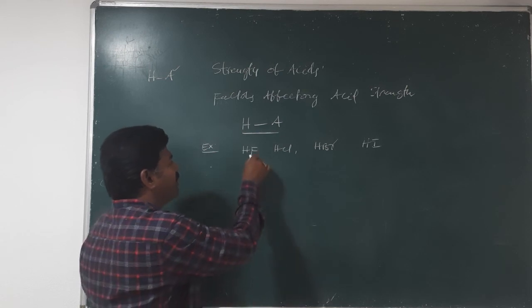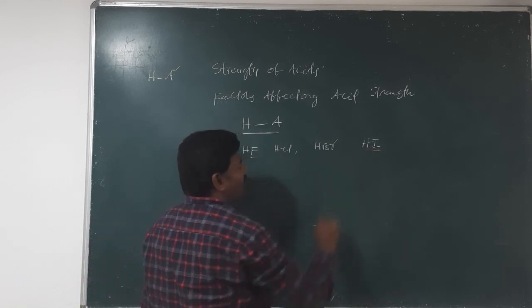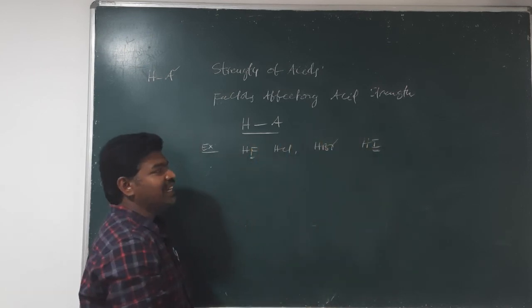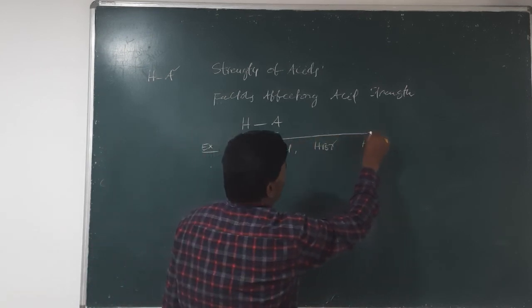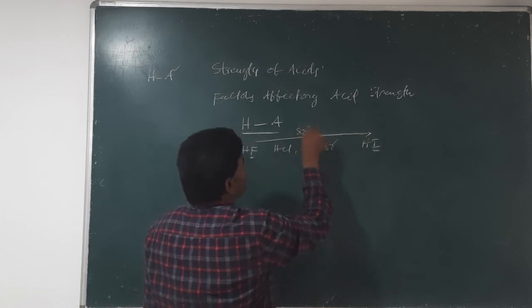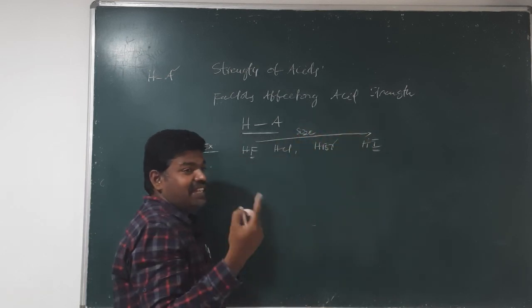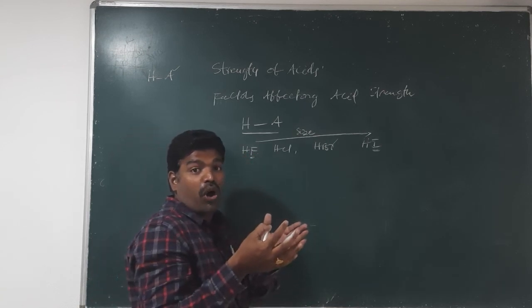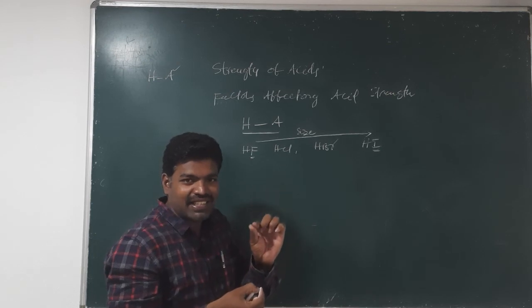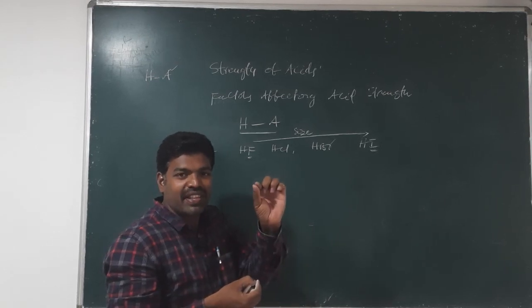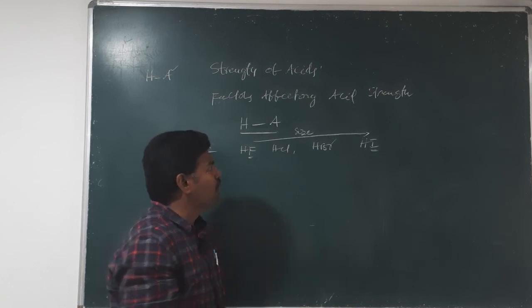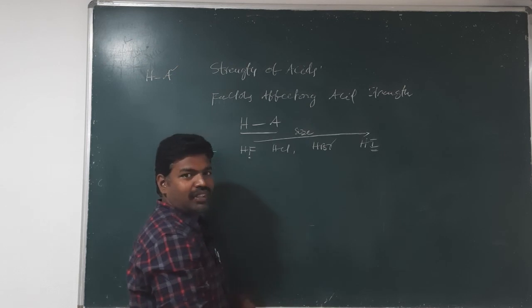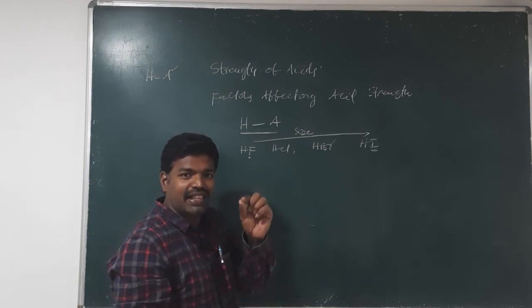For example, from fluorine to iodine, size increases. When size increases, the strength of the bond between the atoms decreases. So, from fluorine to iodine, size increases, and that means bond strength decreases.